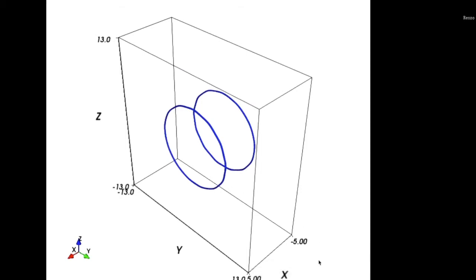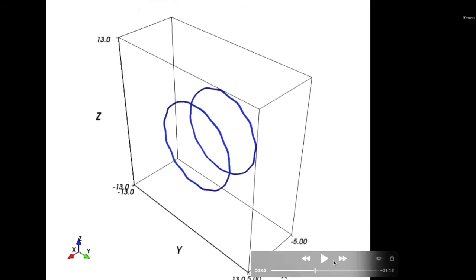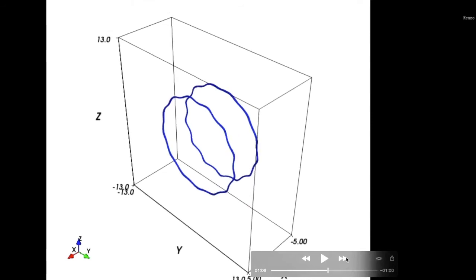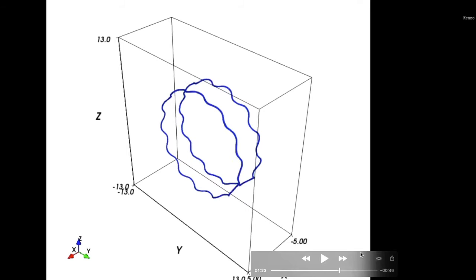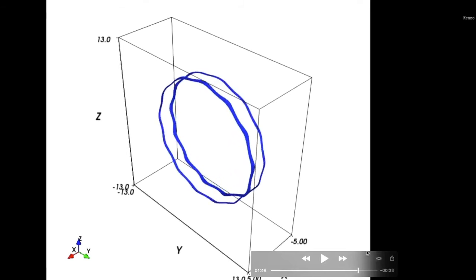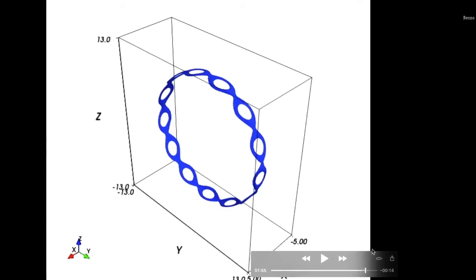And indeed, as the two rings approach, again, remember, they approach along one direction, then there is an instability forming, and as the instability grows, there are reconnections taking place at various locations. And then the ringlets, so to speak, form, and they separate off from the plane of collision.